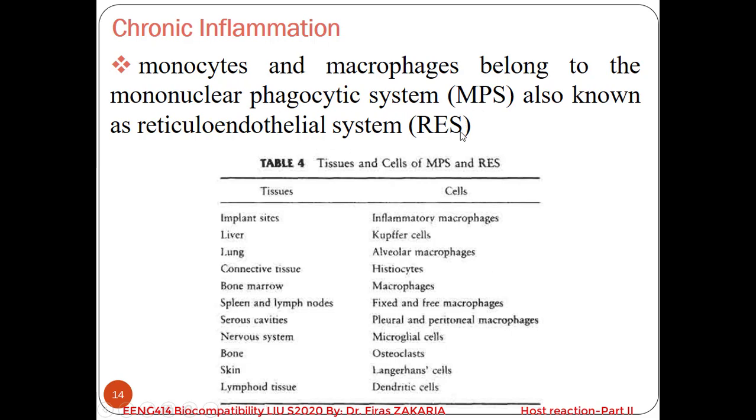MPS and RES. For example, liver contains cells which are the Kupffer cells. Bone marrow, we were talking about macrophages. Bone, osteoclasts. Lymphoid tissue, we were talking here about dendritic cells.